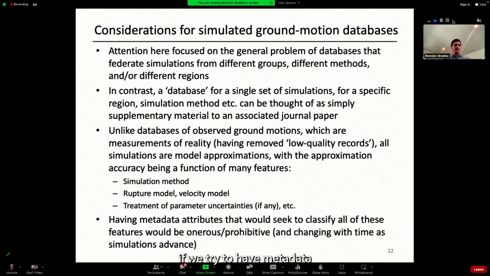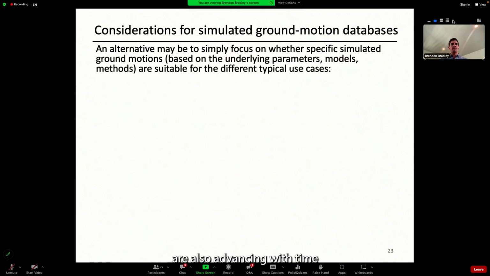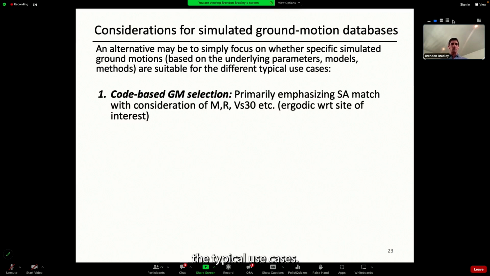If we try to have metadata attributes in a database that seek to classify all of these different features of the simulations and bin them into different groups, I'd argue that will be at a minimum very onerous and more likely quite prohibitive, because simulations are also advancing with time, and therefore an alternative might be simply to focus on whether specific simulations meet the typical use cases.